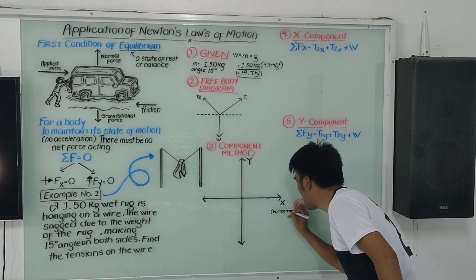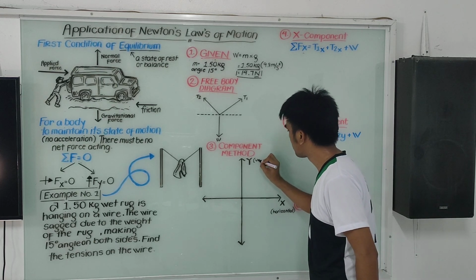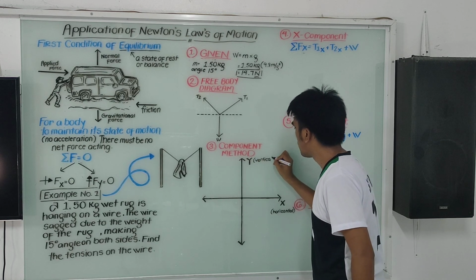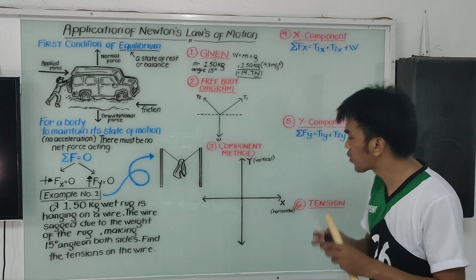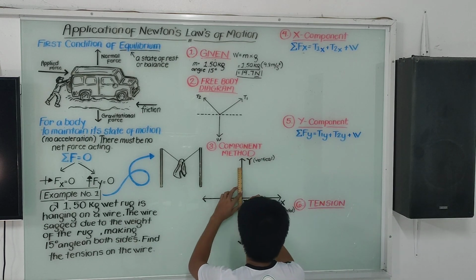For the horizontal components, x, and y for vertical, the y-axis. So let us now plot the FBD of our rock.